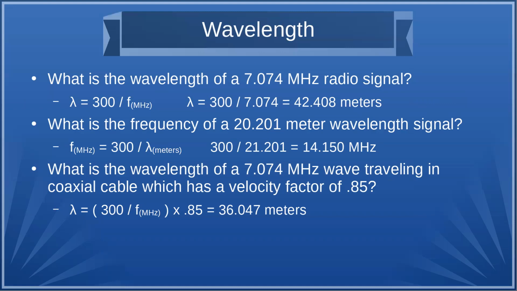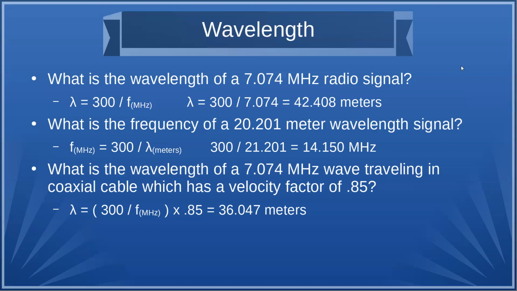So we get 300 divided by the frequency in megahertz. So we do 300 divided by the 21.2 and get 14.150 megahertz, which is kind of in the middle of the 20-meter band.